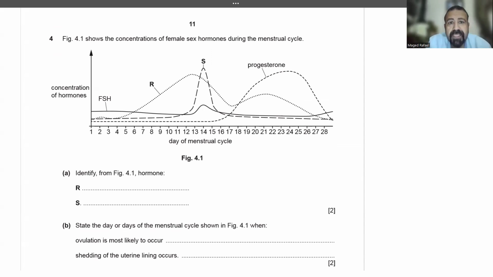Hormone R is the estrogen, and hormone S is the luteinizing hormone. If you know, Maryam, Malak, Emad, that R is estrogen, then one hormone is left, S, which is present or causes the rupture or the ovulation, the follicle rupture or ovulation, which is LH.